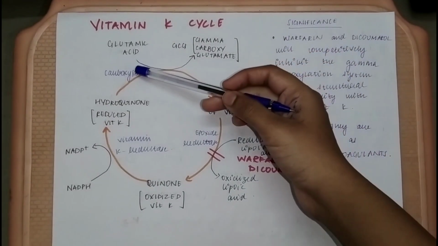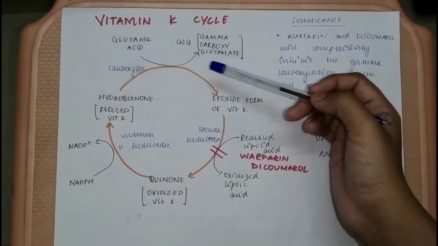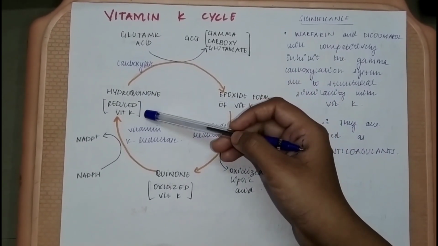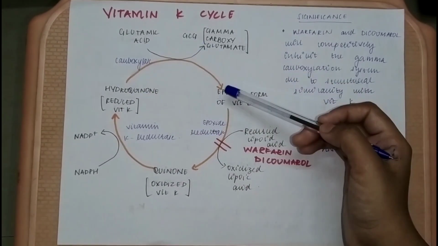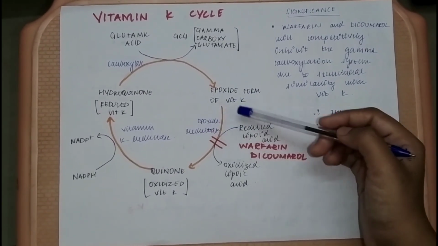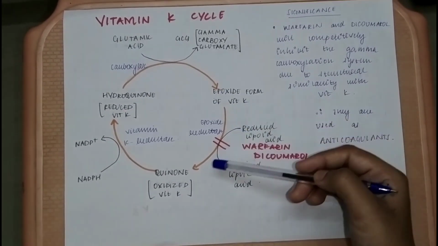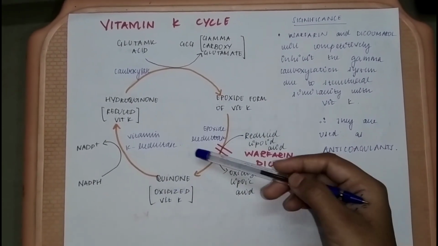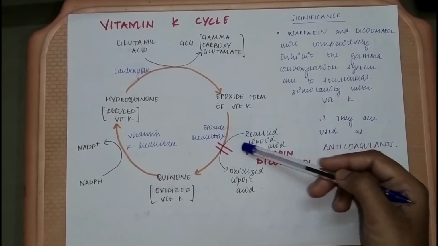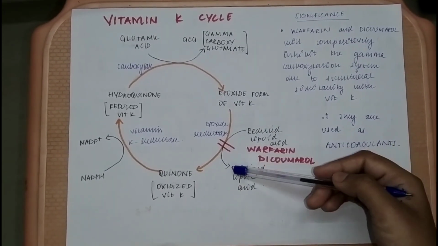When glutamic acid gets converted to GCG, gamma carboxyglutamate, in the presence of carboxylase, reduced form of vitamin K, hydroquinone, also gets converted to epoxide form of vitamin K. With the help of epoxide reductase, epoxide form of vitamin K gets converted to quinone, that is oxidized form of vitamin K. Simultaneously, reduced lipoic acid gets converted to oxidized lipoic acid.